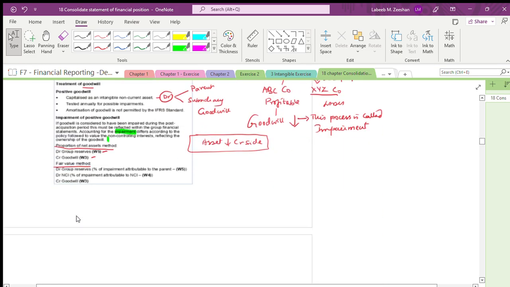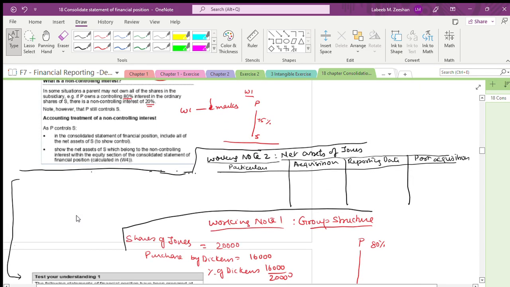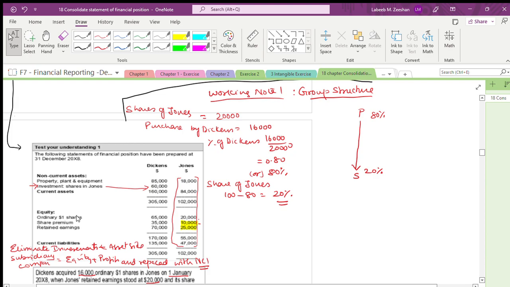That means you have to take the equity only. You have share capital, share premium and retained earnings.